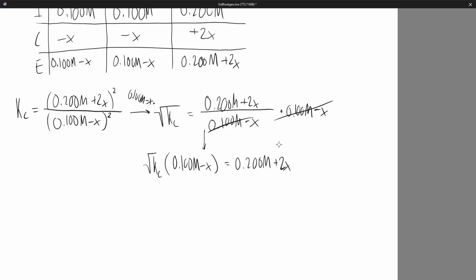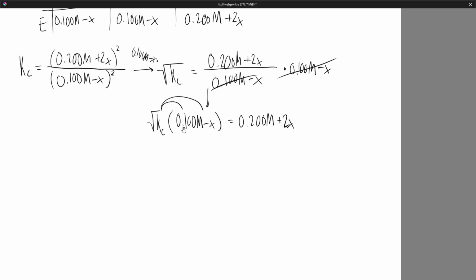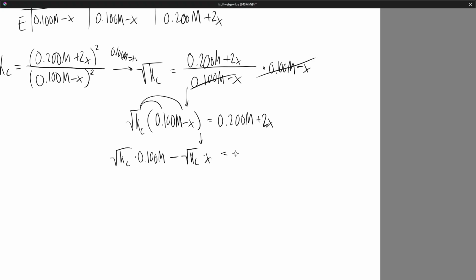Now next step is to distribute the Kc, or the square root of Kc, into 0.100 molar and into negative x. So that'll give me Kc times 0.100 molar minus square root of Kc times x equals 0.200 molar plus 2x.